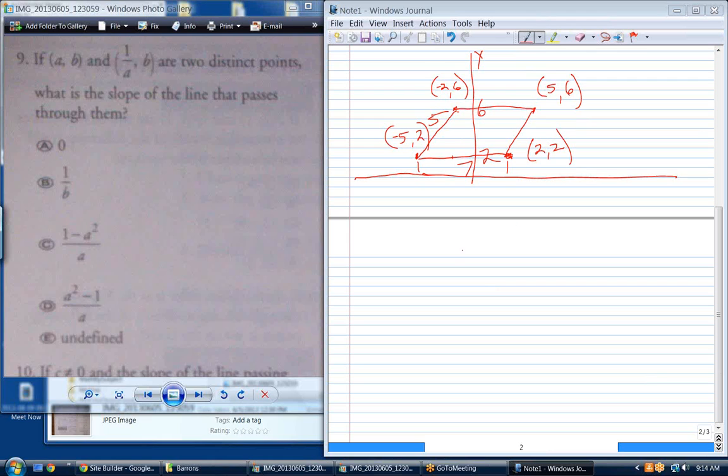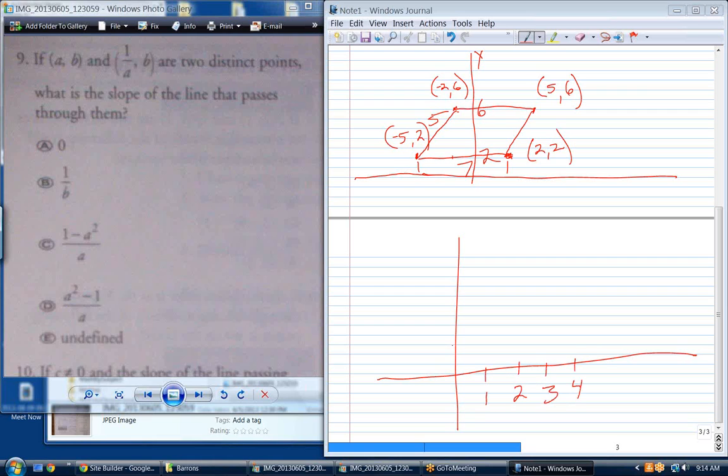Well, the truly most important thing you can do with coordinate geometry is to be able to plot a point. If you can plot a point and you know about slopes, then notice these scales don't have to be the same. I could make this scale like that. Although in all of the ones you're dealing with, they're going to be consistent. In other words, the grid will be a square grid.